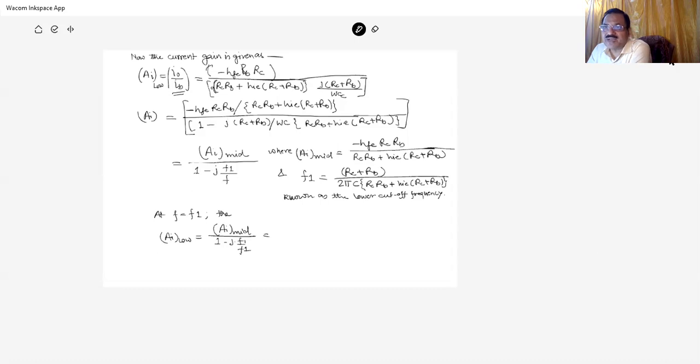By simplifying the above expression, taking RC, RB and HIE common from the rest of the expression, we can have one divided by, and this is RC, that is omega C into this part. And this whole expression is obtained from the mid frequency expression in the previous case, and it is written as the AI mid.